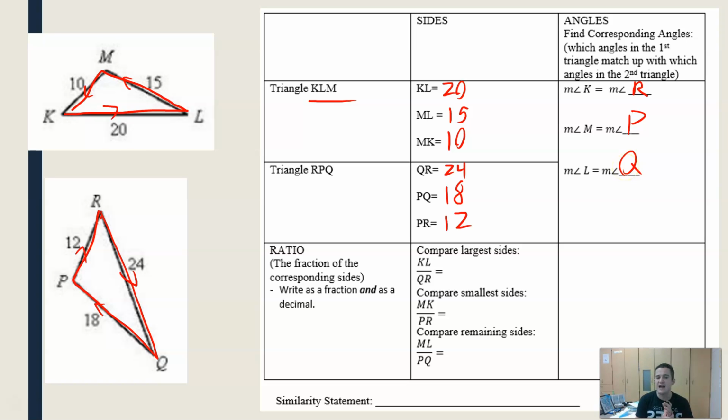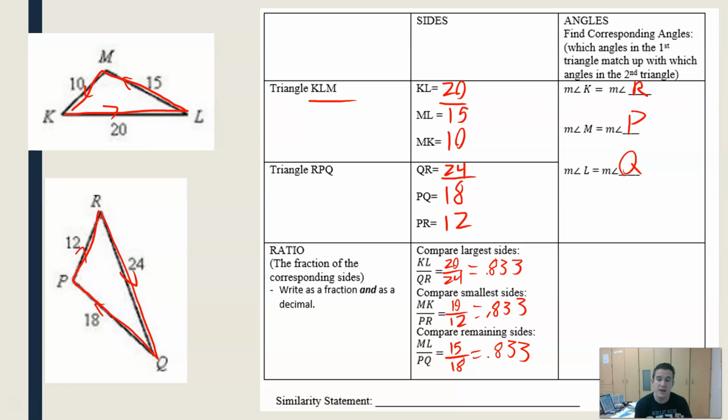So the side-side-side similarity theorem says that the ratio of all of these corresponding sides would have to be the same. In other words, I'm going to divide my largest sides, so 20 divided by 24. I'm going to compare my smallest sides, 10 divided by 12, and then my middle sides, 15 divided by 18. 20 divided by 24 is 0.833. 10 divided by 12 is 0.833. 15 divided by 18 is 0.833.